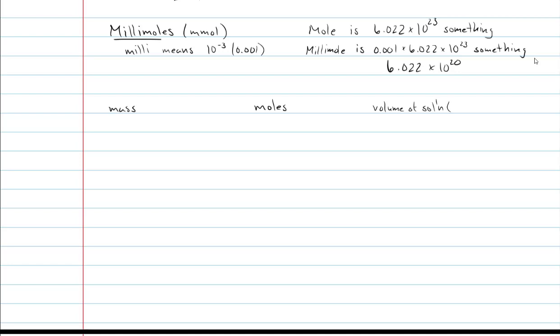So this is assuming we know the molarity. Okay. So how do we get back and forth between mass of something and moles? We use its molecular weight, or we'll say molar mass.